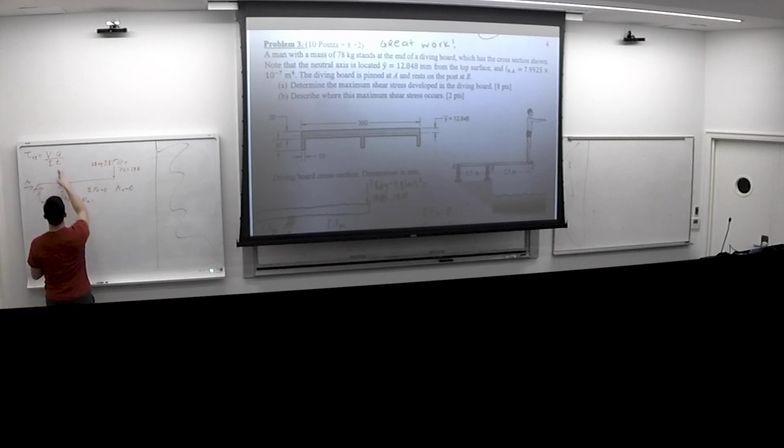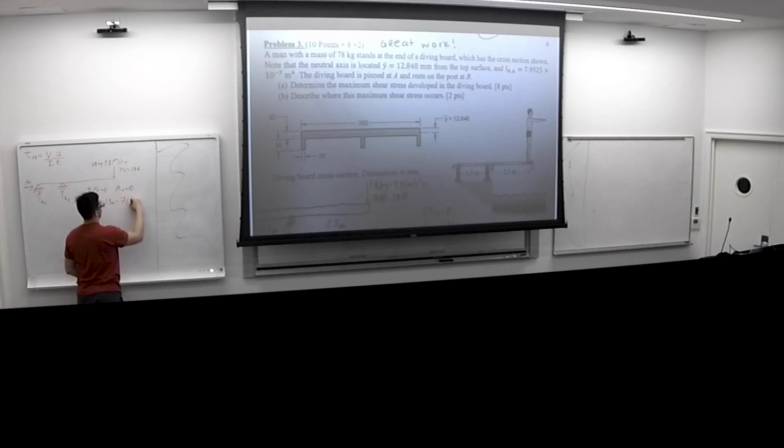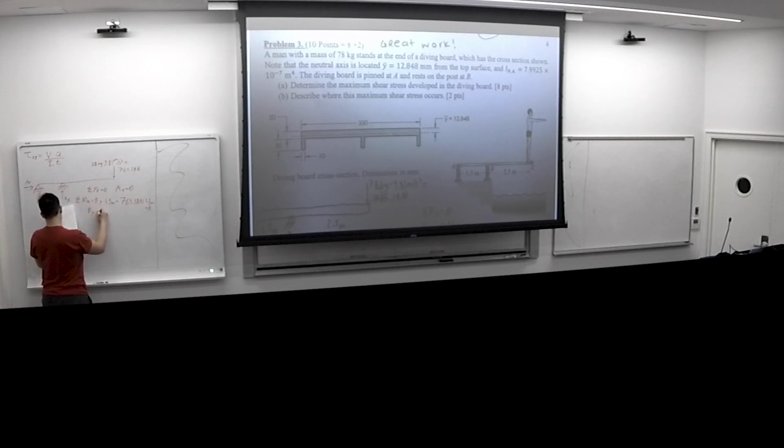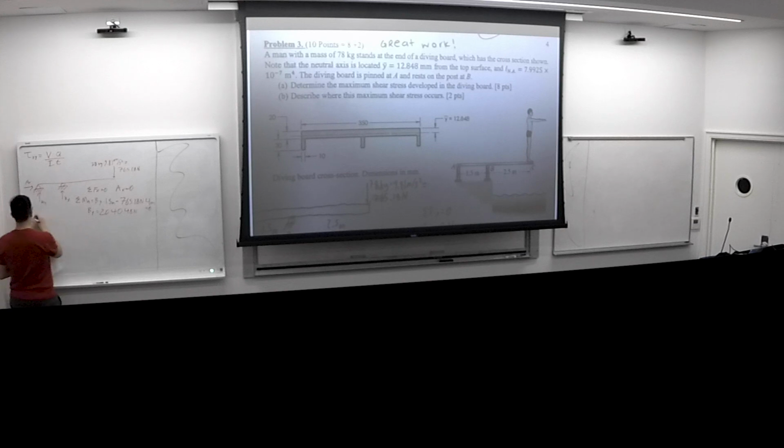So you have By going counterclockwise, so you have positive By times 1.5 meters minus 765.18 newtons times 4 meters to get to A, and that equals 0. And when you do the math, By equals positive 2040.48 newtons.